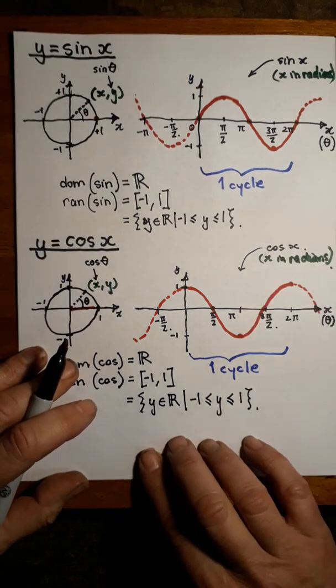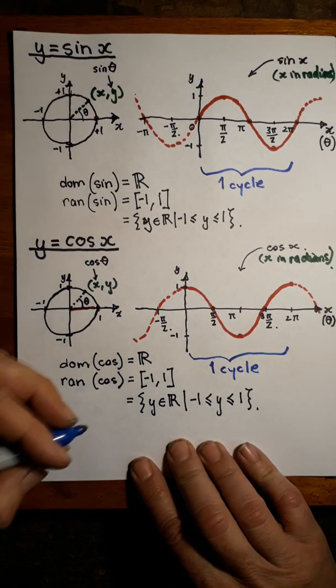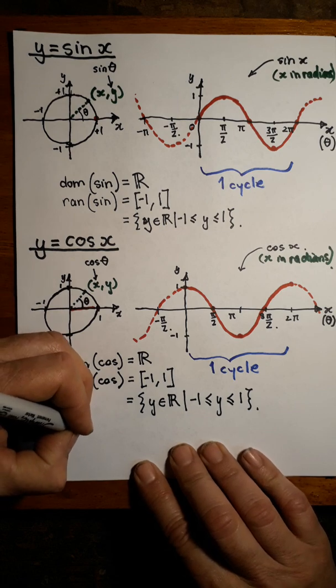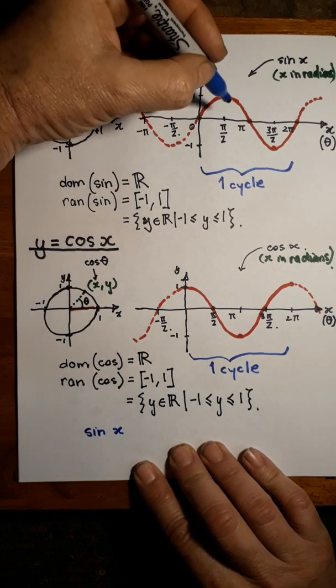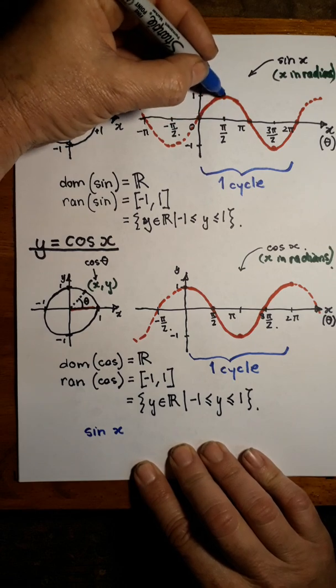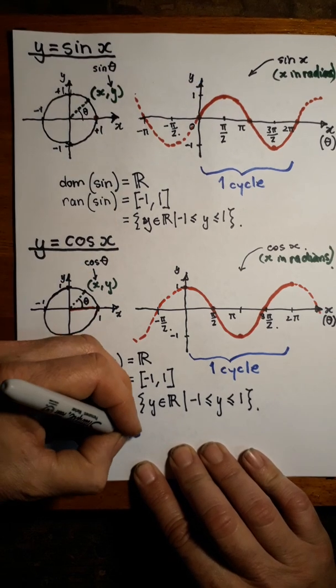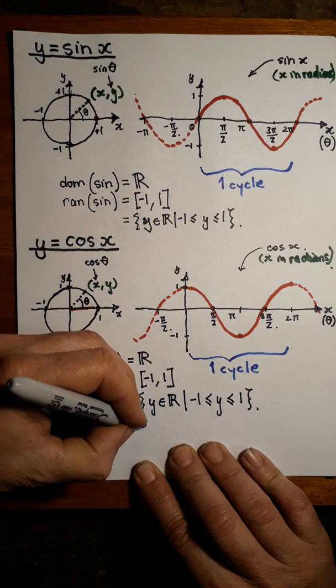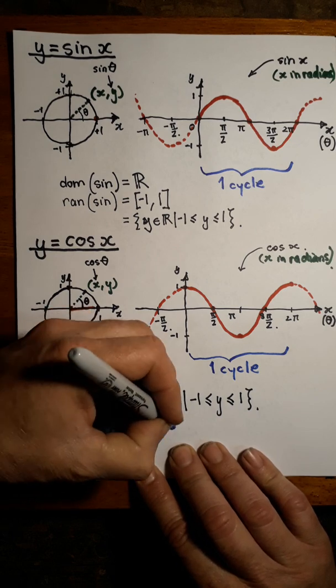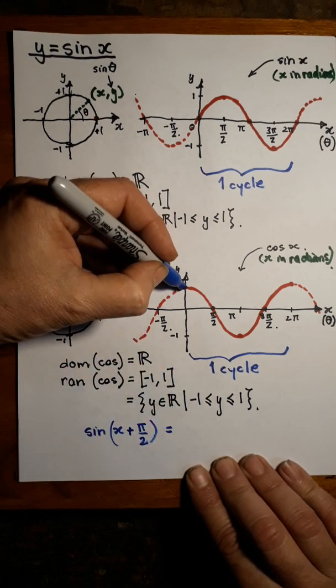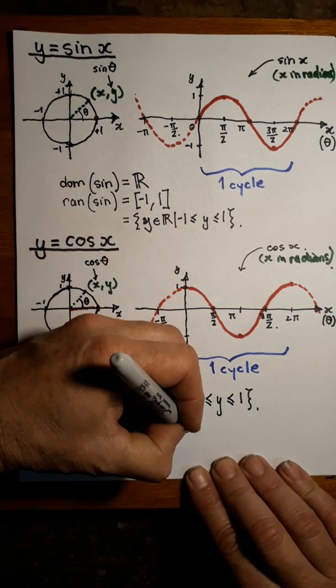So I might just put that down the bottom here, that if we take sine x, shift it to the left by pi on 2, then we end up with cos x.